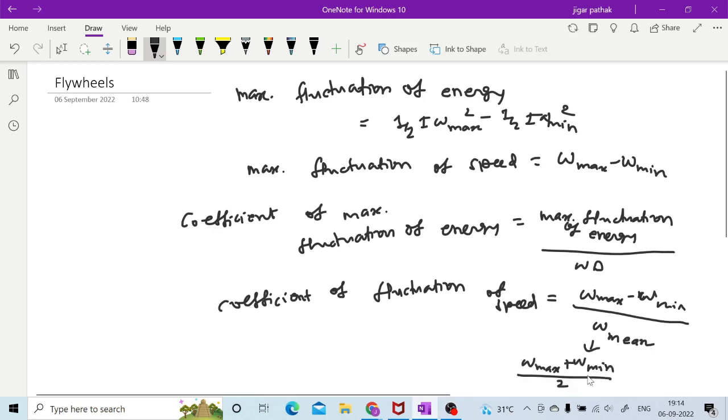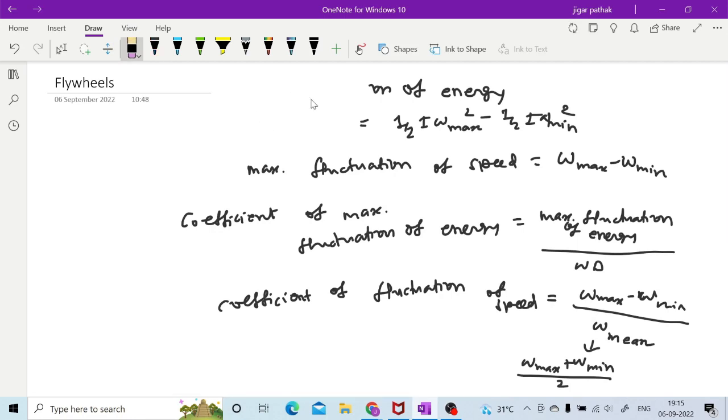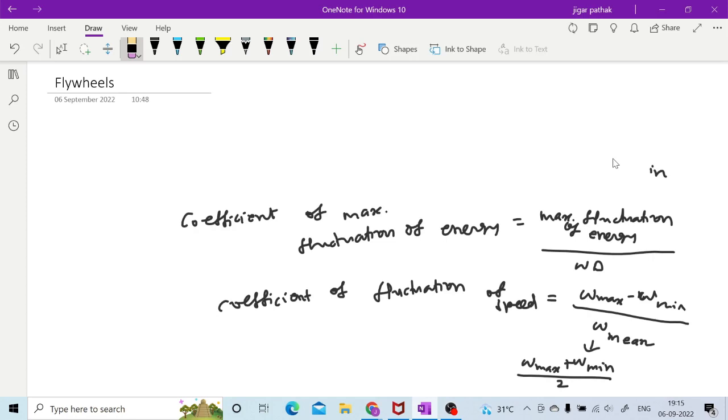So this is how some of the things are required, right? So once you have an idea about all this, maximum fluctuation of energy, maximum fluctuation of speed, then the coefficient of fluctuation of energy and coefficient of fluctuation of speed, then you can find some relations between this coefficient of fluctuation of energy and your inertia and the coefficient of fluctuation of speed. So we will derive that relation for this flywheel.